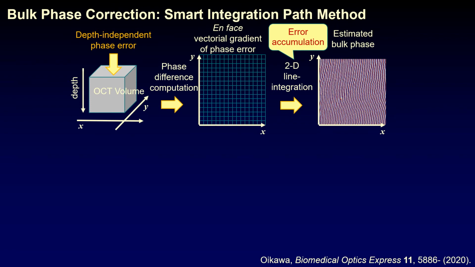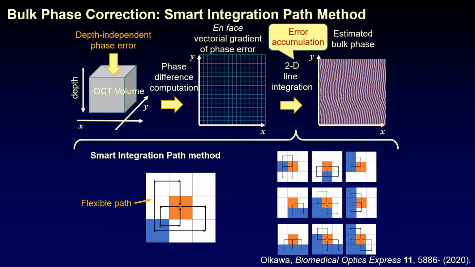How can we overcome it? To overcome it, we built a second algorithm, the so-called smart integration path. Let's assume we want to estimate the phase of the center pixel, the target pixel, from the phase of a corner pixel, blue in this diagram, the source pixel. From the source pixel to the target pixel, we can think of 4 integration paths.